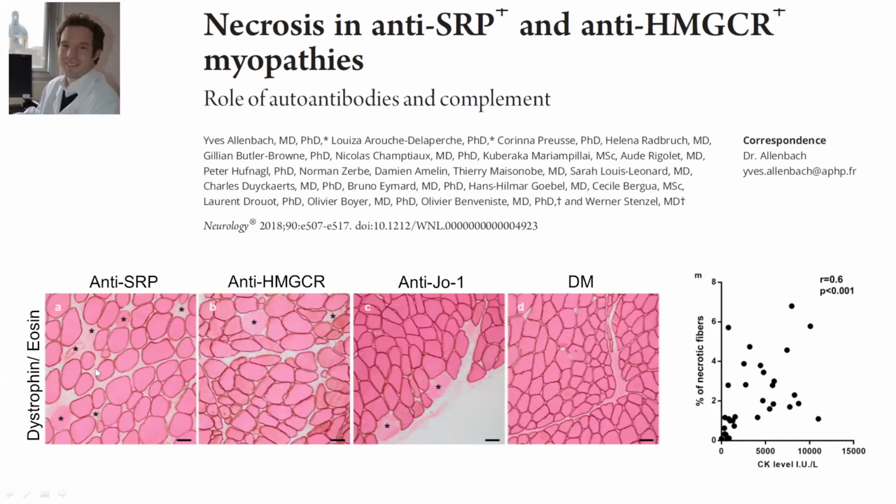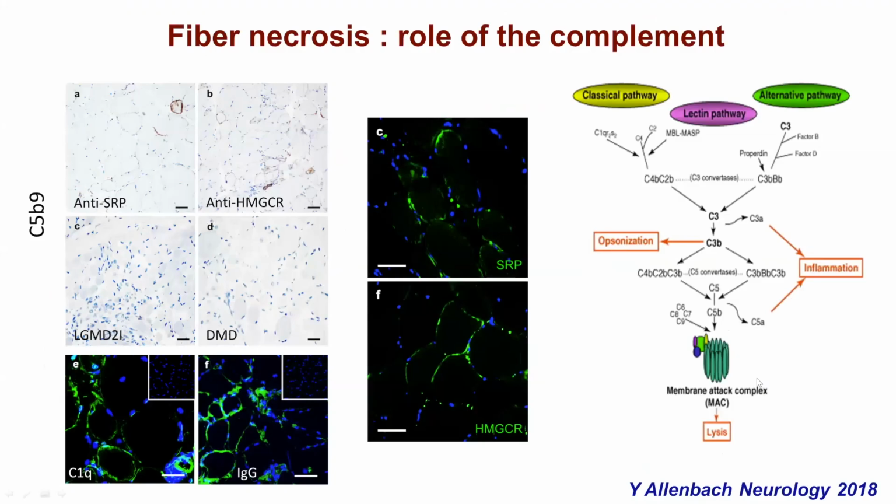He can observe that the necrotic fibers are randomly distributed within the endomysium of the muscles, while it is always perifascicular in anti-Jo1, which is not the same distribution. Once again, the number of necrotic fibers is correlated with the CK level.